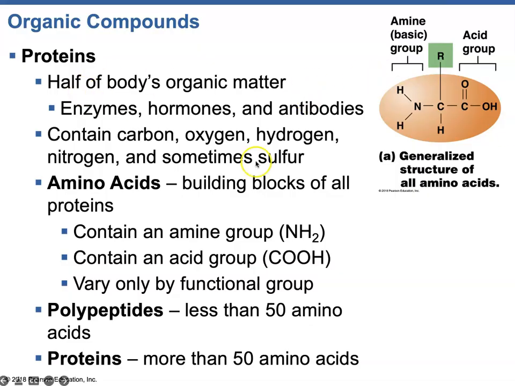So proteins are little compounds, and our amino acids, there are 20 of them that our body needs to make stuff, each has an amine group, the NH2, and an acid group, the COOH. This hydrogen ion right here is the thing that we blame for when we use protein for energy that can cause acidosis. So this is why when you're breaking down protein, your blood can actually also become acidic.